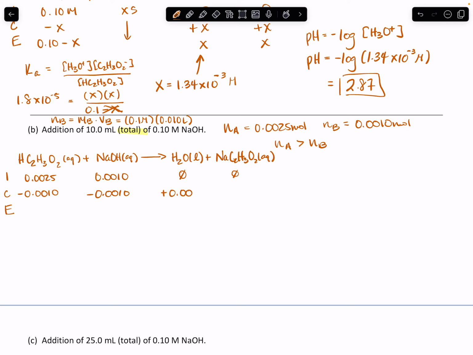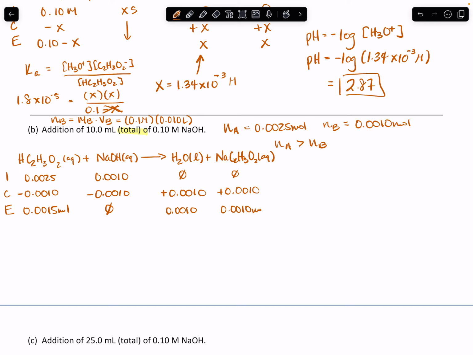And I'm going to form that amount of water and that amount of sodium acetate. So once that reaction has happened, I have 0.0015 moles of that acetic acid, no strong base, 0.001 moles of water formed, and 0.001 moles of sodium acetate.